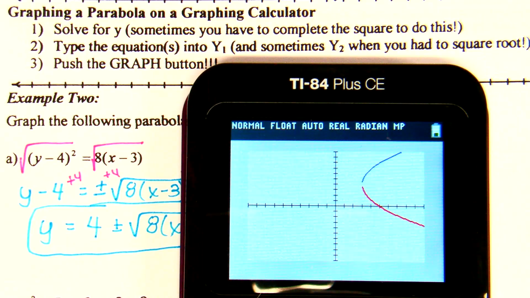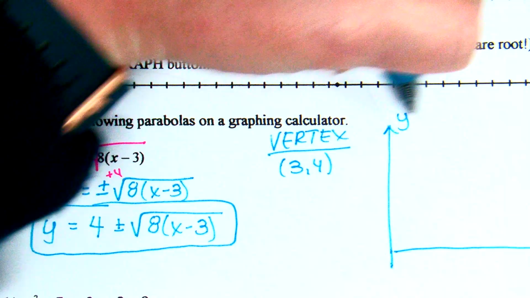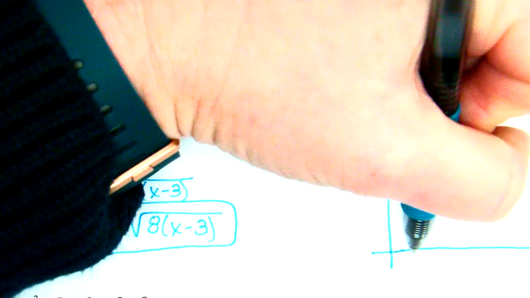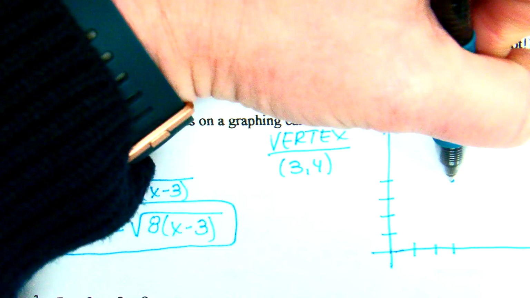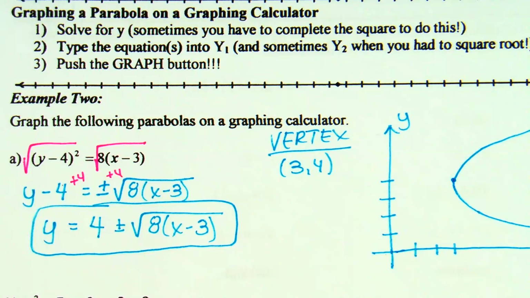So for a sketch here, x-axis, y-axis. Okay, I know my parabola goes that way. And that's not the best because I should have it crossing the x-axis. Should have done that differently.